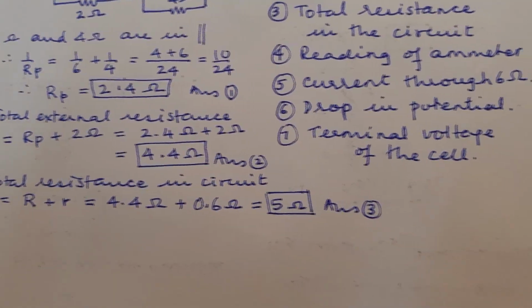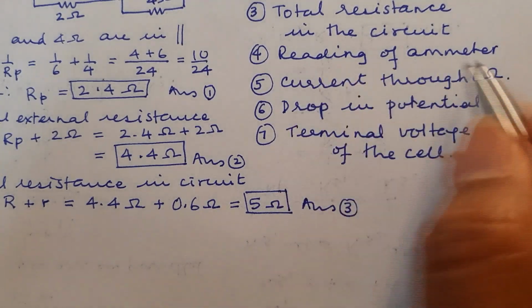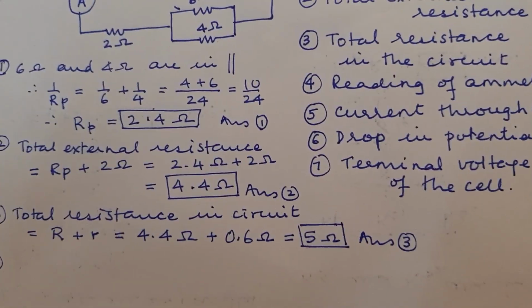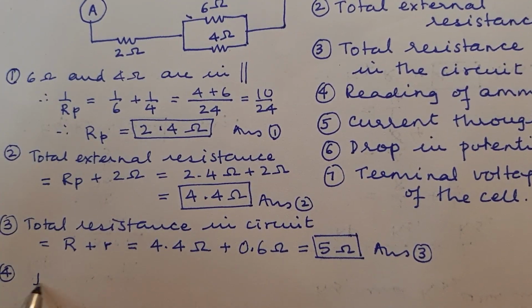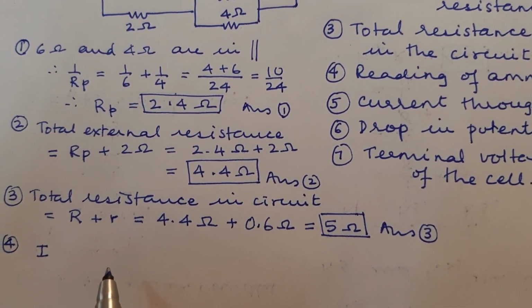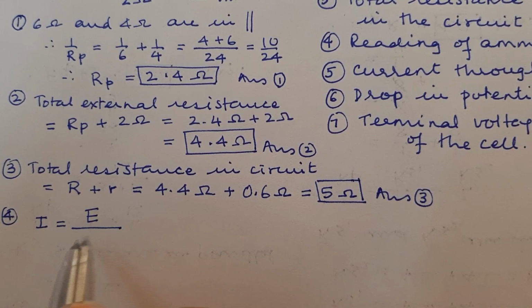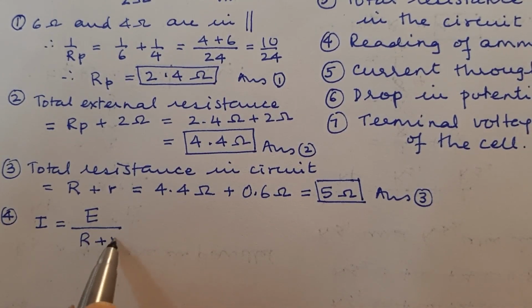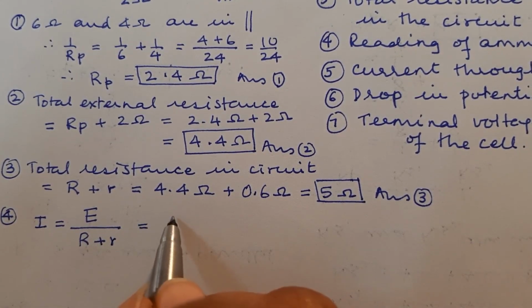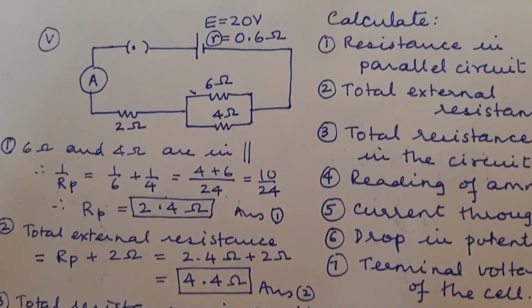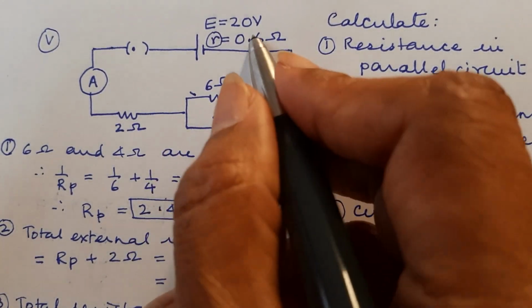Number 4, the reading of the ammeter means current in the circuit. So we will say I is equal to, as we saw the formula, E upon R plus r, where EMF is, look in the diagram, EMF is 20 volt here.